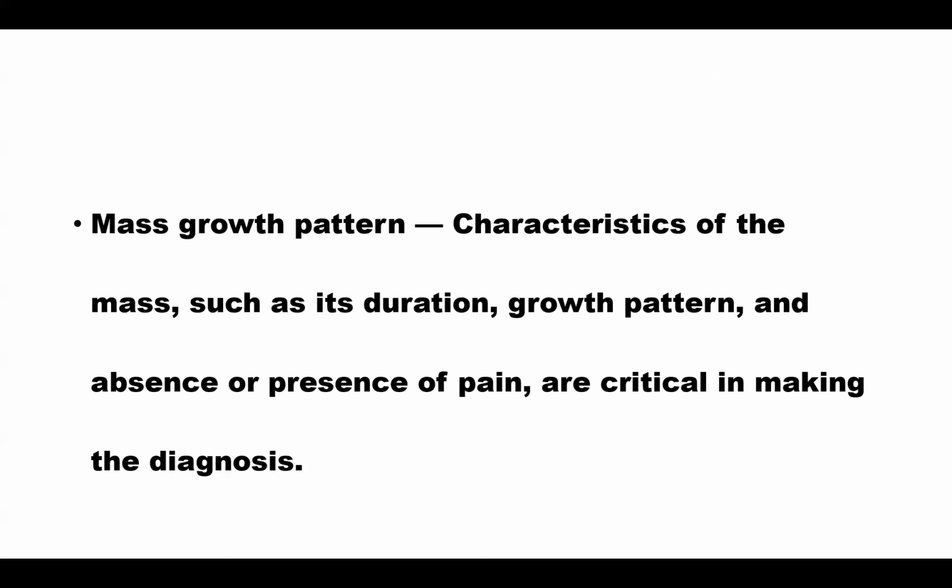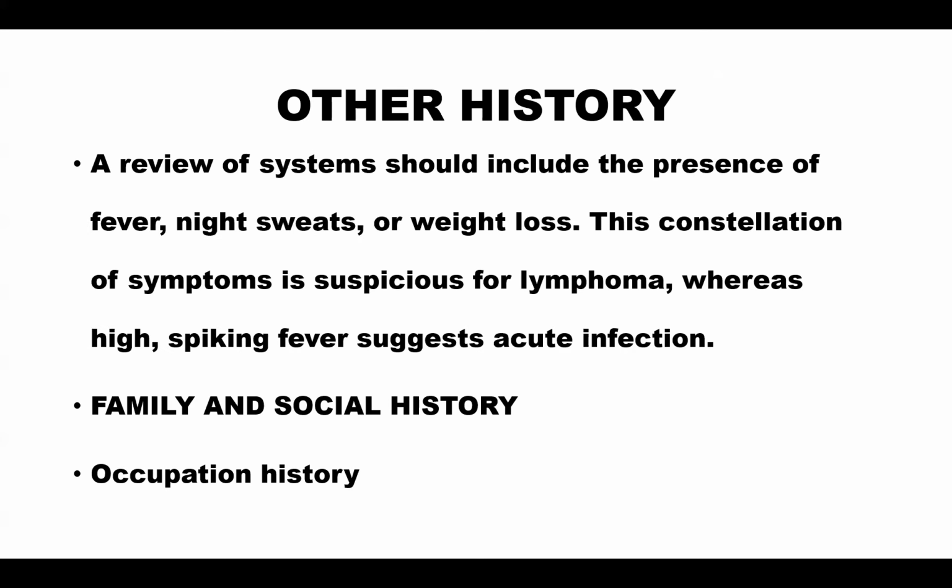Now, what is the growth pattern? Characteristics of the mass, such as its duration, growth pattern, absence or presence of pain, are critical in making diagnosis. Now, other history that is important, a review of systems should include the presence of fever, night sweat, weight loss. This constellation of symptoms is suspicious for lymphoma, whereas high spiking fever suggests acute infection.